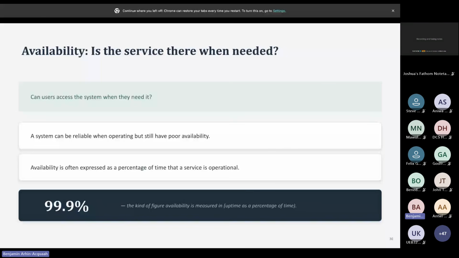So a system can be reliable when operating, but still have poor availability. What that means is you may have intermittent downtime.